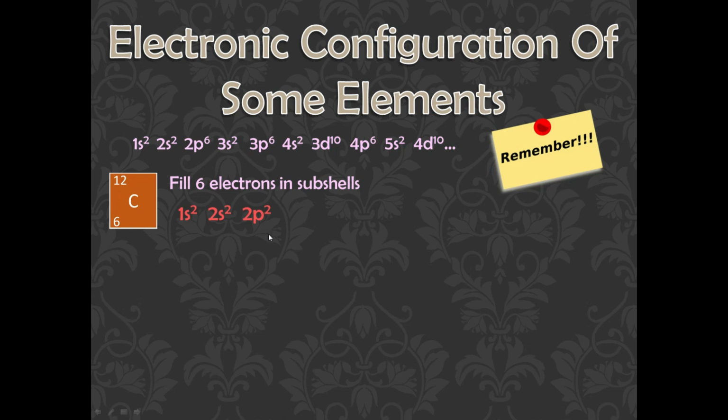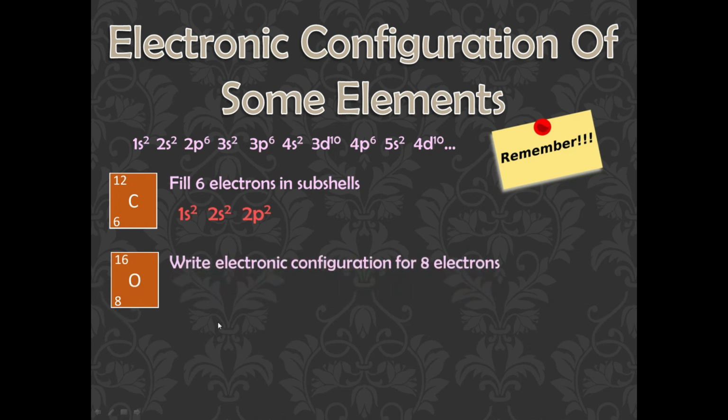Let's see another example. Oxygen atom. Its atomic number is 8, so you have to write electronic configuration for 8 electrons. Means you have to fill 8 electrons now in these subshells. So we will follow this sequence. First of all, starting from 1s2, let's fill 8 electrons in this sequence.